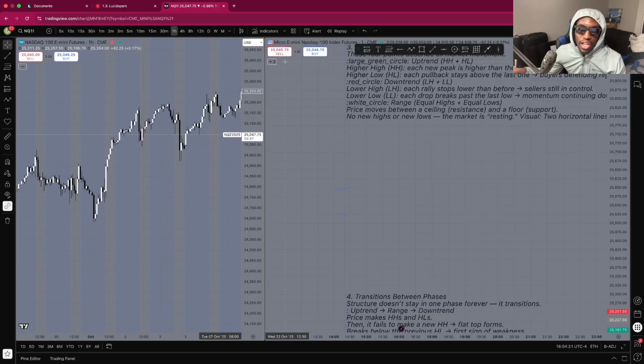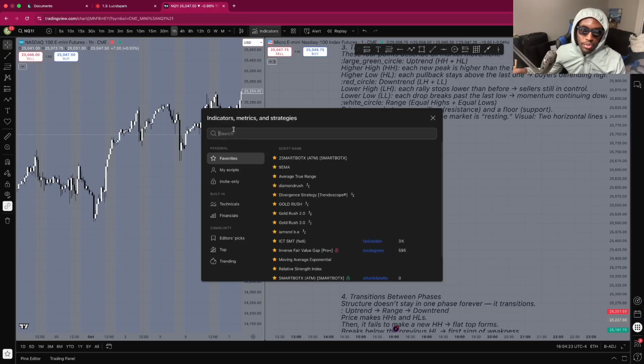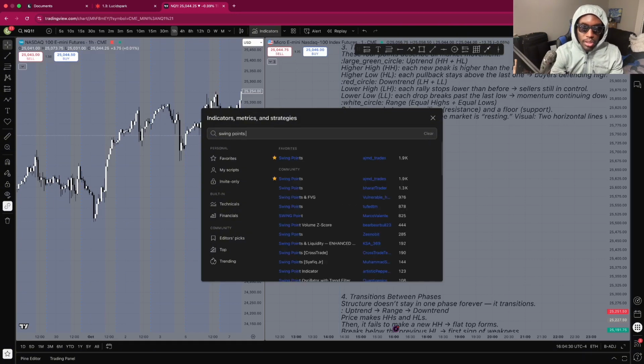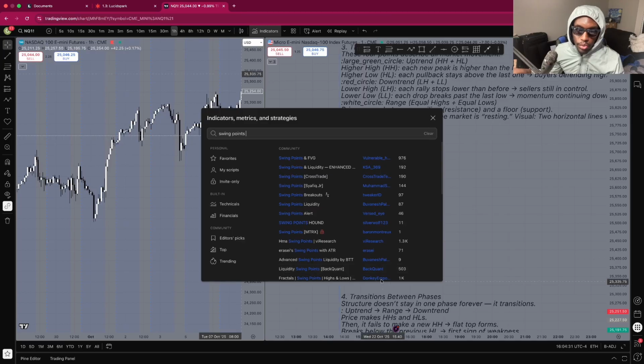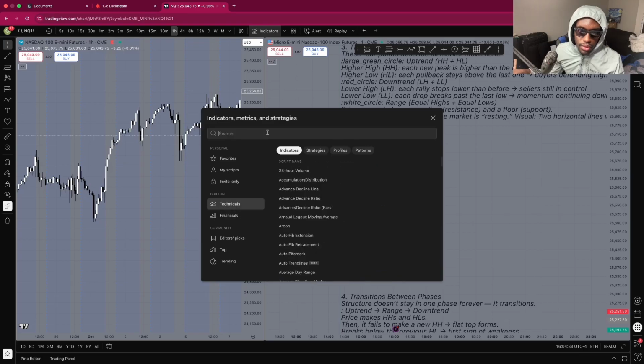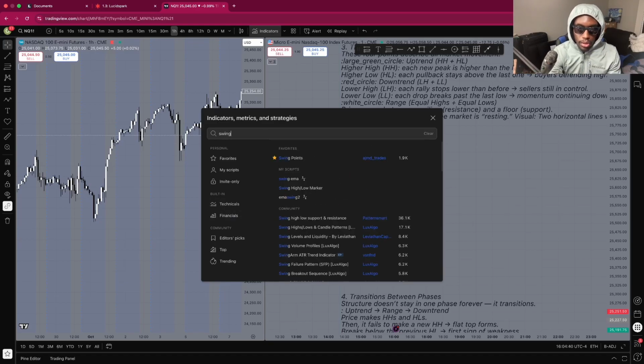Like I said, if you guys want to get an indicator, go up to your indicators and search up swing points. You would get a pretty good indicator on swing points. I'm pretty sure they have a built-in one in TradingView. Yeah, so swing points, this is the one I use.